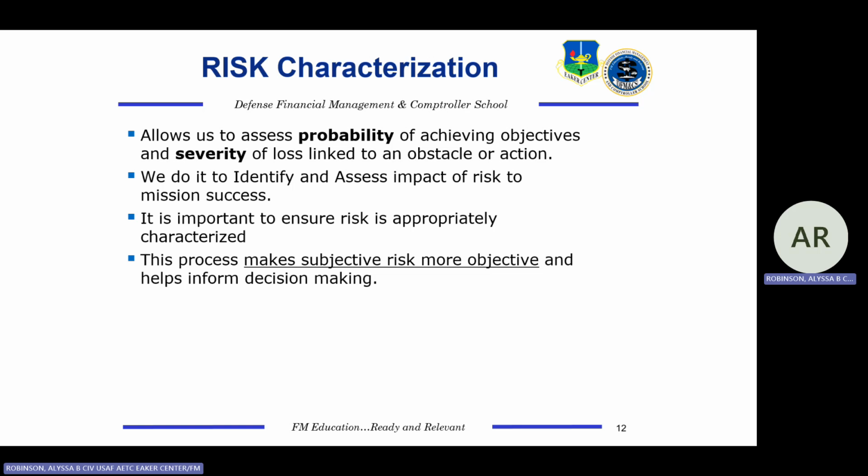The key to this process is that it takes subjective feelings, such as anxiety, "I'm really worried about our budget," and turns them into objective, actionable data. This common language helps commanders prioritize resources and make rapid, defensible decisions.